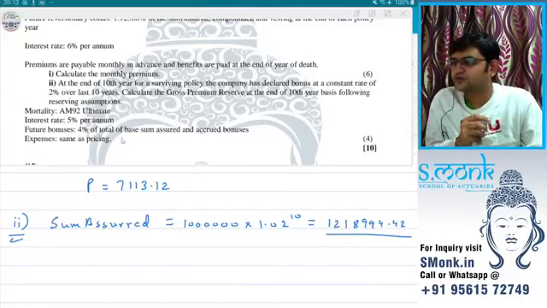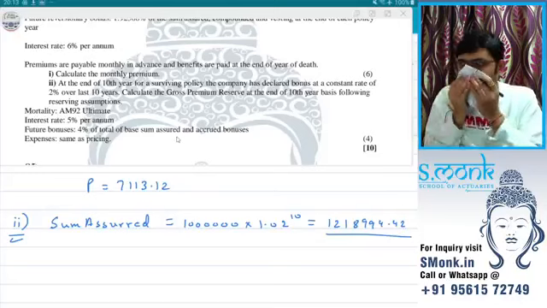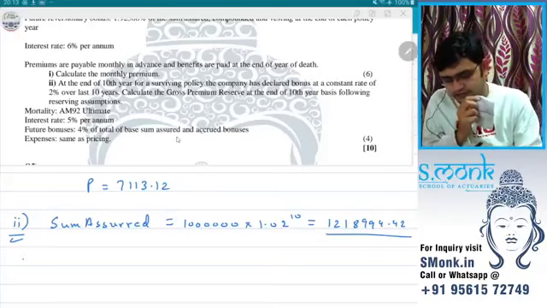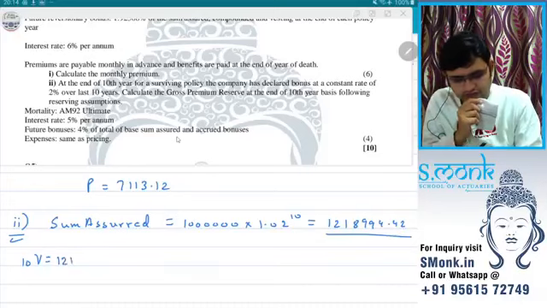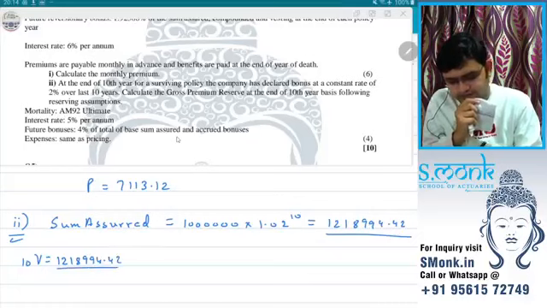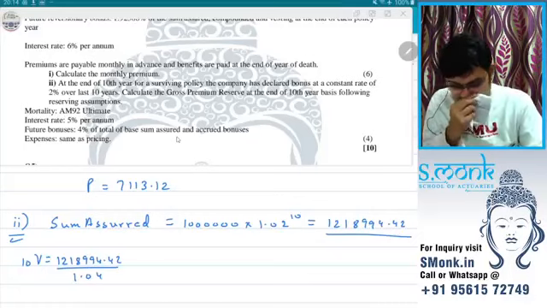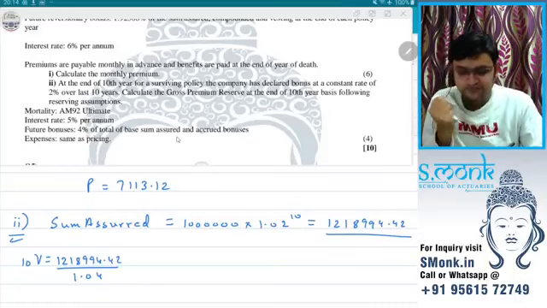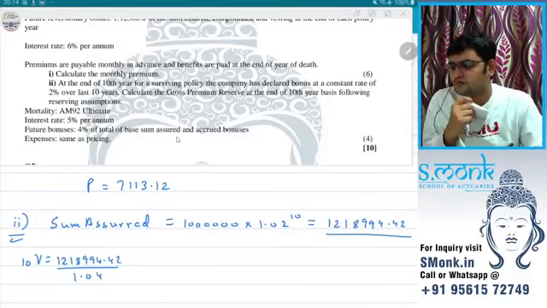And later on 4% bonus would be declared. So 10B would be this, 121,899.42 divided by 1.04, because 4% is the later bonus, times the death benefit.